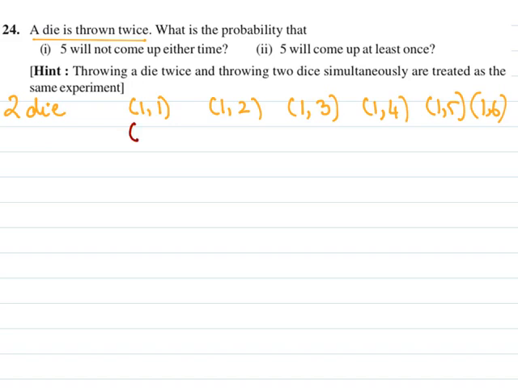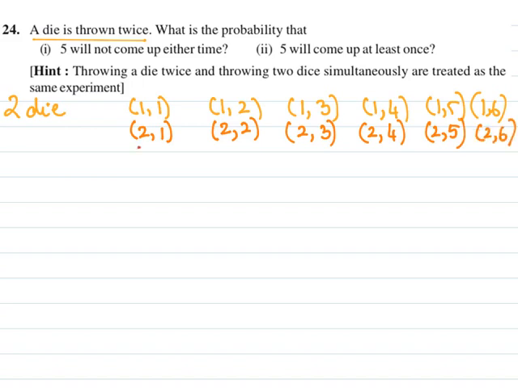Then here we have 2,1. This is 2,2, 2,3, 2,4, 2,5, 2,6. Then it will be 3,1, 3,2, and you just go on writing the entire sample space.